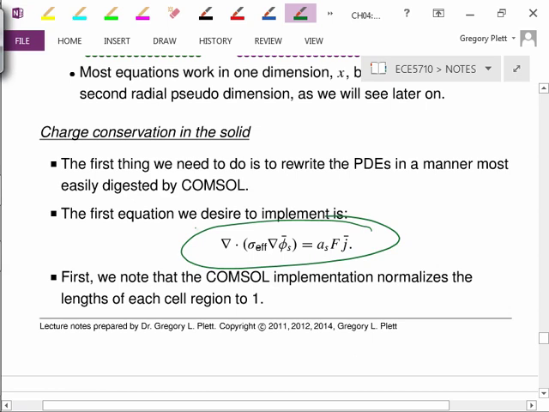One thing that we have to discuss before going any further, though, is that in each region, it's actually possible to build a COMSOL model, like we've talked about, where this is x equals 0, x equals L neg, x equals L neg plus L sep, and x equals L total. I can build that geometry, define it, and then add the equations to this geometry and simulate it.